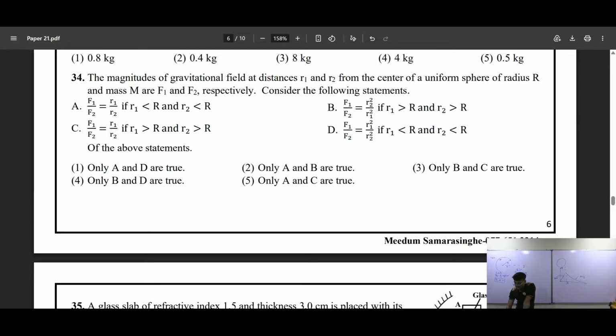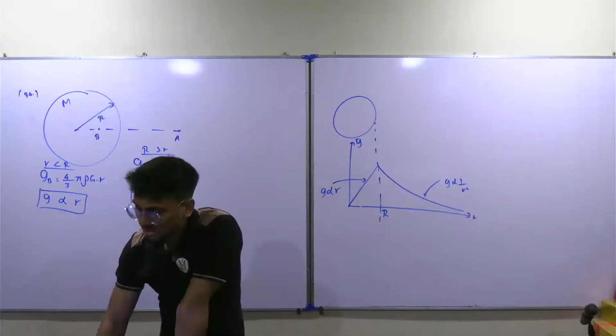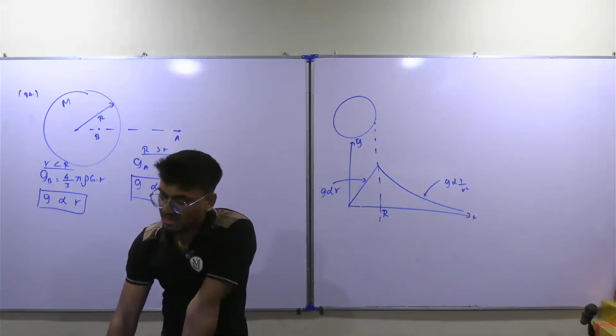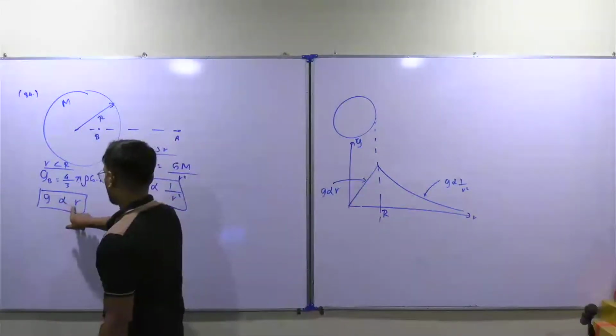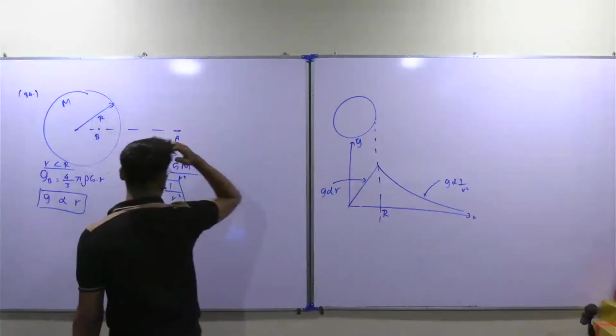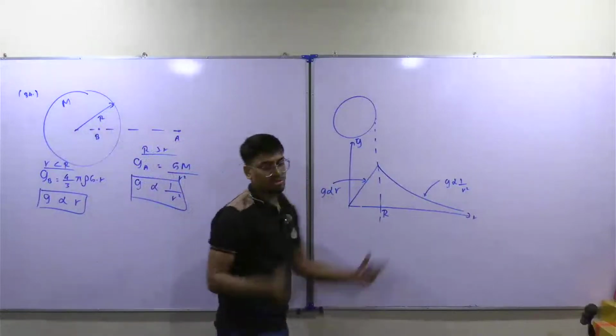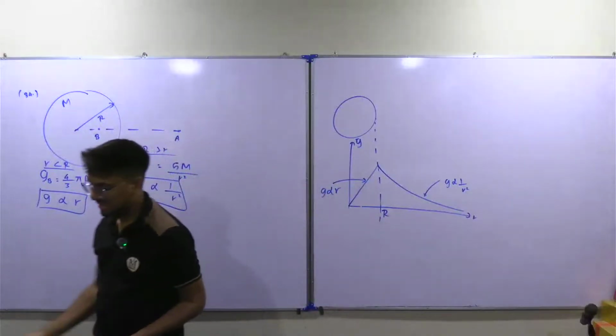So the answer is A is correct and B is correct. Second one is the answer. When you consider a point inside, G is directly proportional to r. When you consider a point outside, G is inversely proportional to r square. Write down if you need anything.